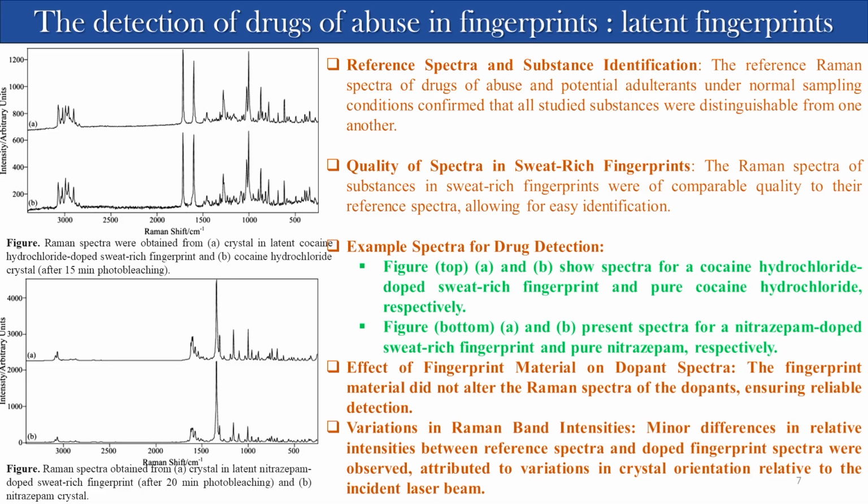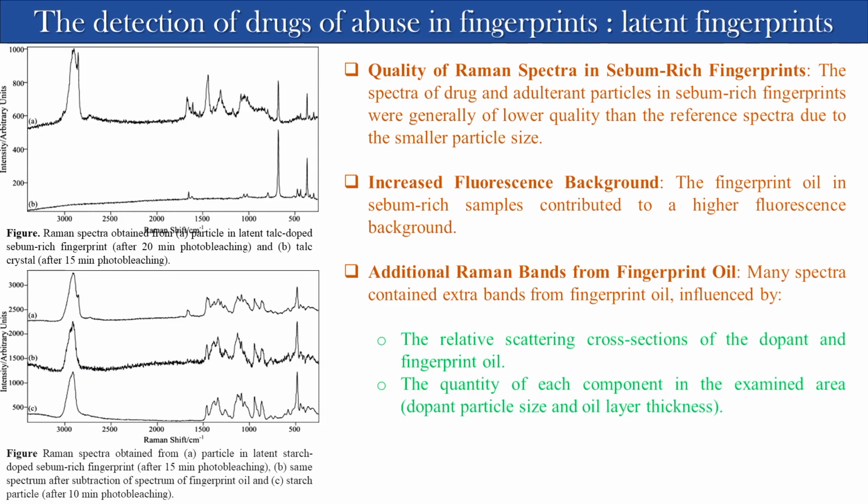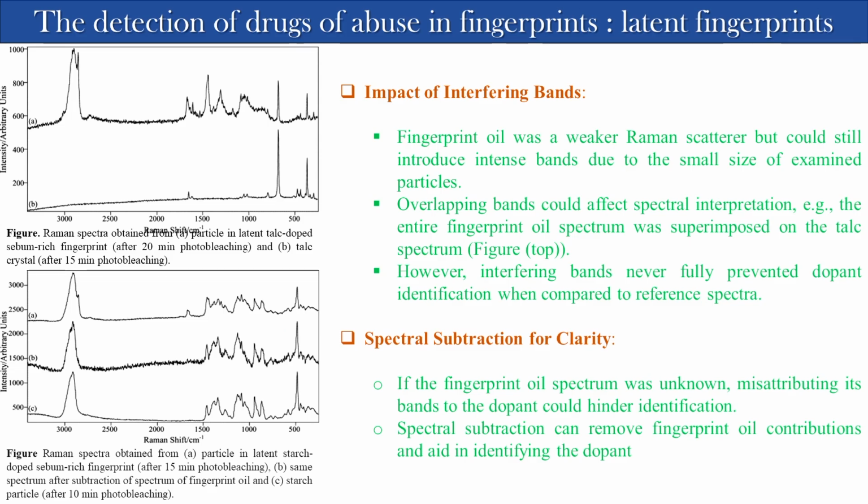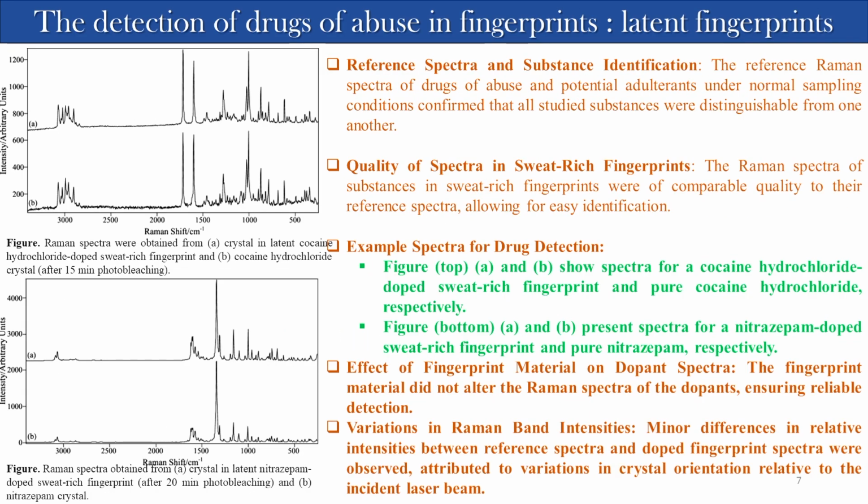Now this spectrum, A and B, says the crystals in this are cocaine. This is a cocaine analysis. You see this Raman spectrum obtained from the crystal of latent cocaine hydrochloride.